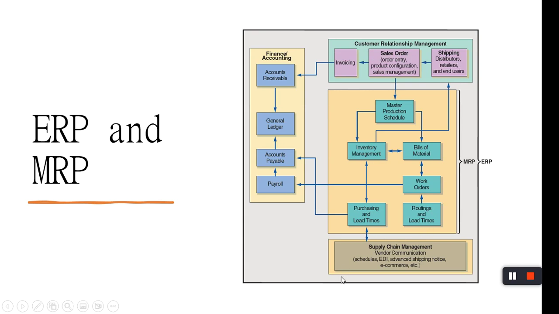It also includes supply chain management, vendor communication. So all of these modules collectively are included in the ERP. So it is wider in scope as compared to MRP. In fact, MRP is just this part, right? So the entire thing is our ERP.